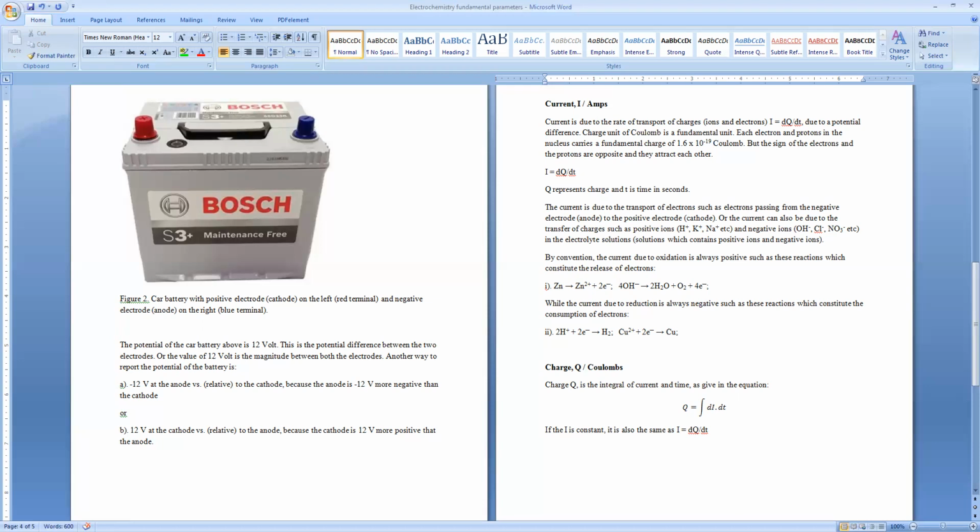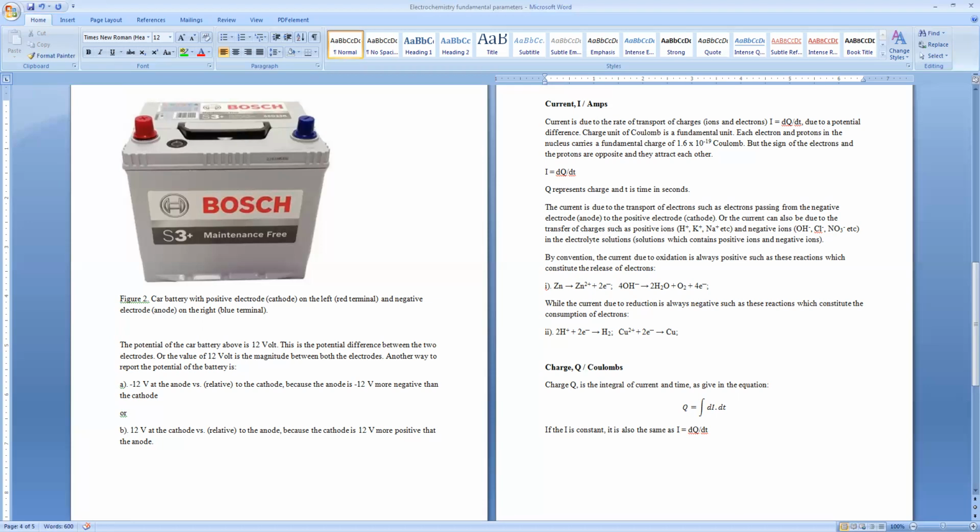Current can be positive, it can be negative. Whereas when you measure potential, the potential can also be negative or positive, but you must have a reference point. The potential can be positive or negative depending on the reference point. But for current, there is no reference point. The current can be 0, it can be negative, it can be positive.